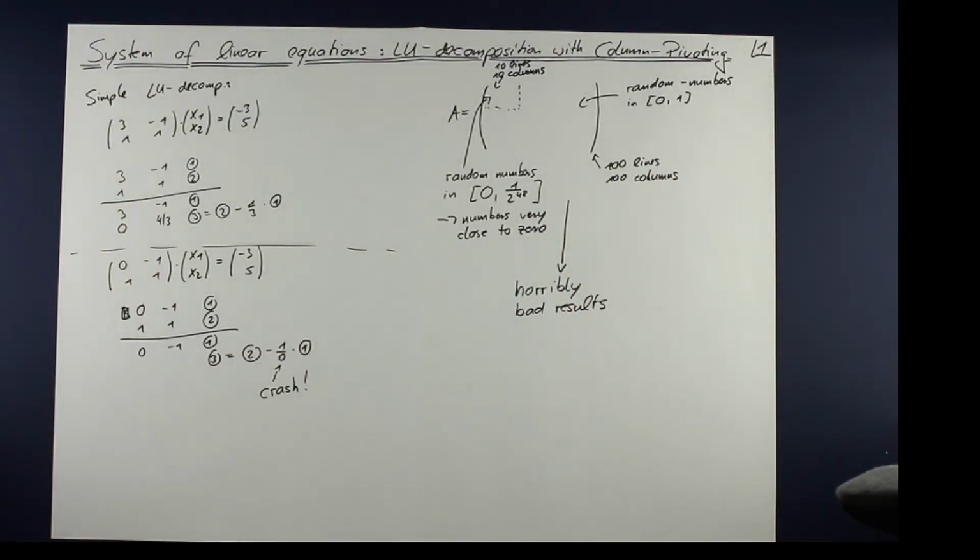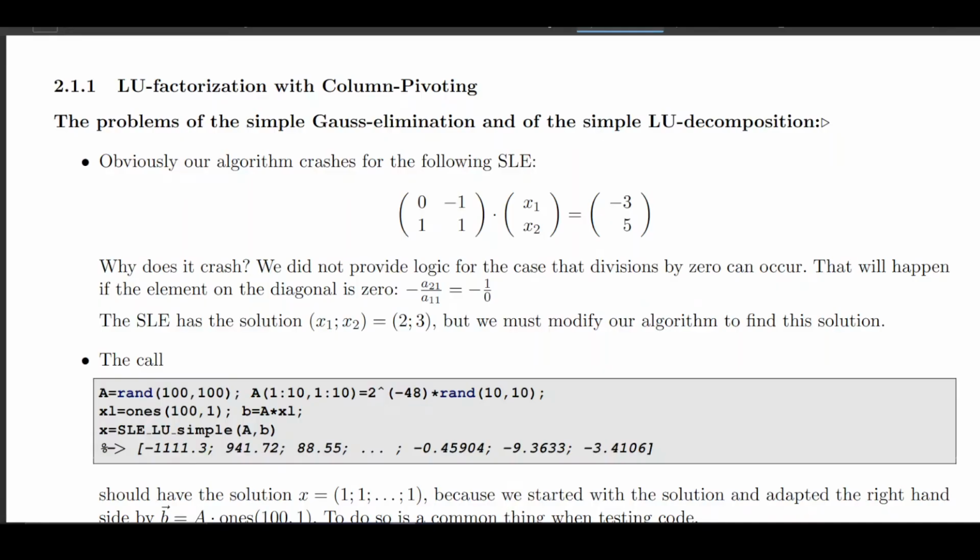I will show you. Okay, so here we are in my script. Here we have a matrix, 100 lines, 100 columns, consisting of entries which are uniformly distributed values between 0 and 1. And then we take a block, the first 10 lines in the first 10 columns, we take a much smaller number, 2 to the power of minus 48, very close to 0, times some random numbers.